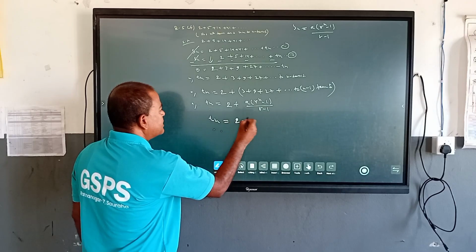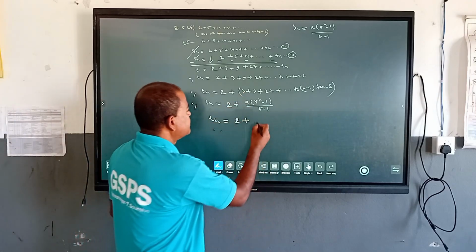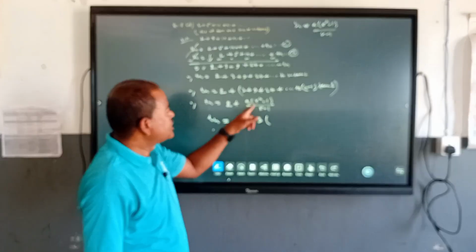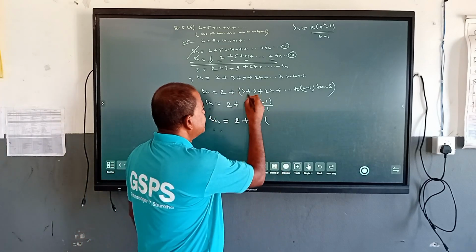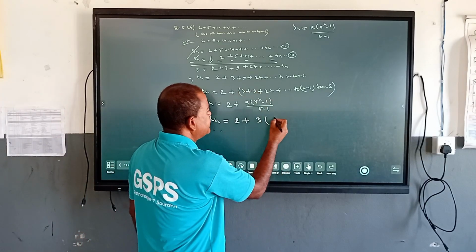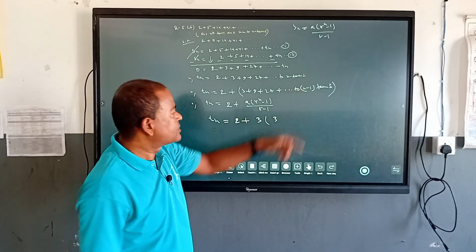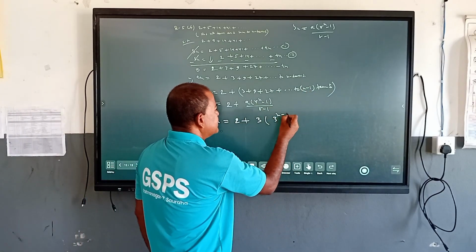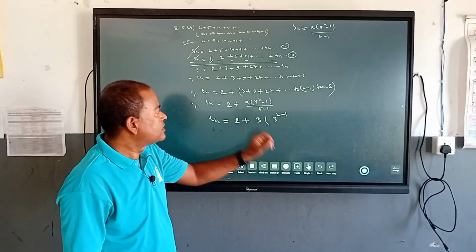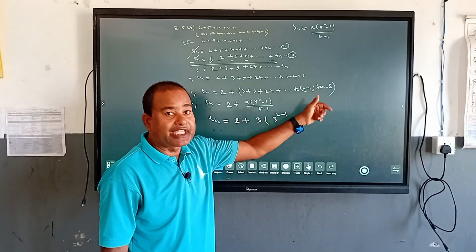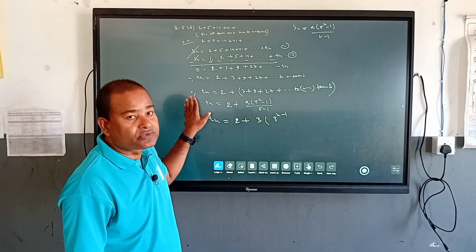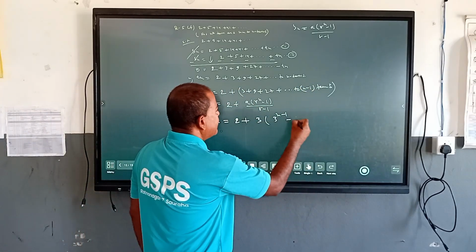Dear students, a means the first term, which is 3. The common ratio is t2 divided by t1, 9 divided by 3, we get 3. The number of terms is n minus 1, so we replace n by n minus 1, because 2 has been isolated from the series.